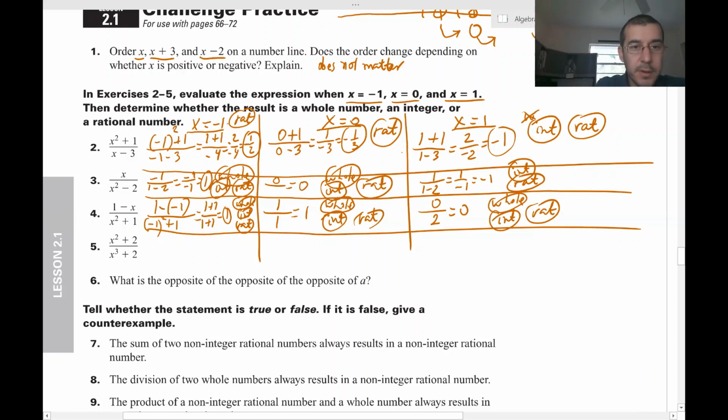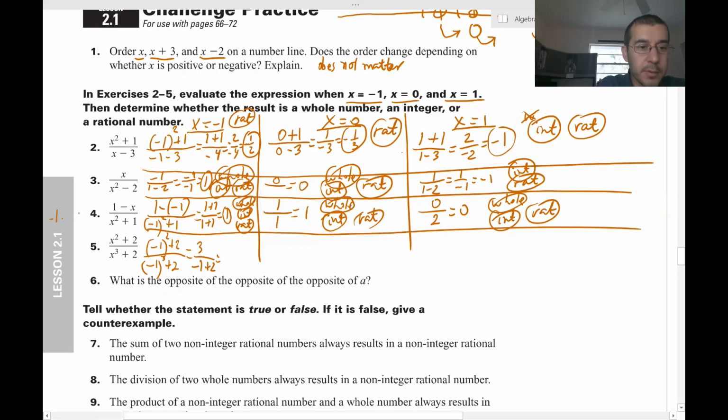And number 5, x equals minus 1, so minus 1 squared plus 2 over minus 1 cubed plus 2. Minus 1 squared, that's minus 1 times minus 1, which is 1, plus 2 is 3. Minus 1 cubed, that's minus 1 times minus 1 times minus 1. There are 3 negatives, so we're going to end up with a negative sign, and then 1, and then plus 2. Let's write it down here.